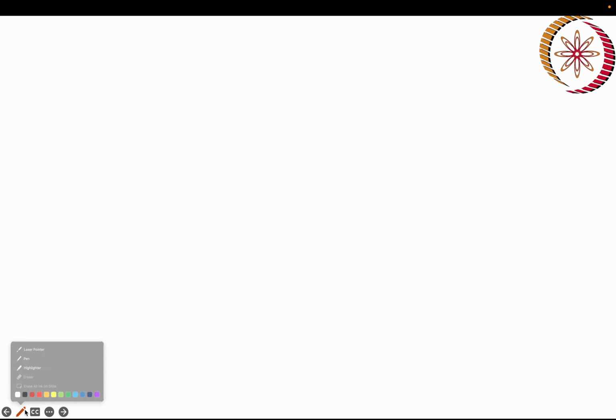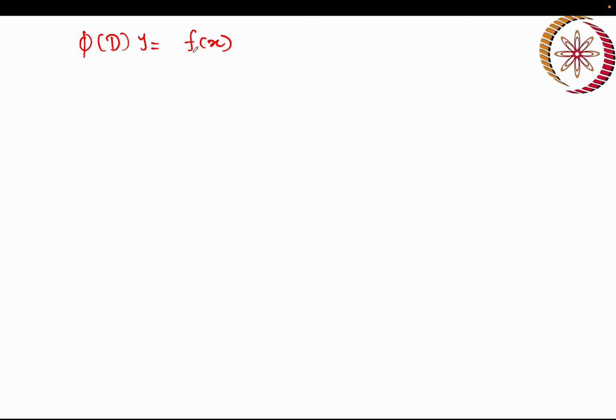Okay, so right now we saw that if we have a differential equation which might be of this form, the first step that we followed is y equal to y complementary plus y particular solution. For the particular solution we have to use the equation on the right hand side to get it.